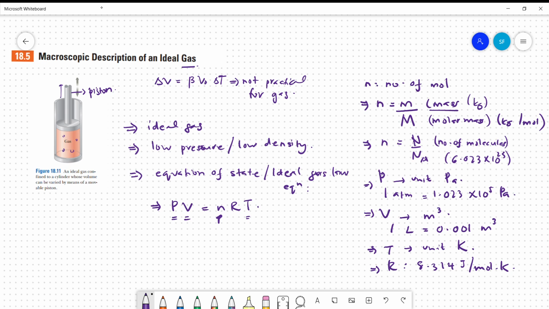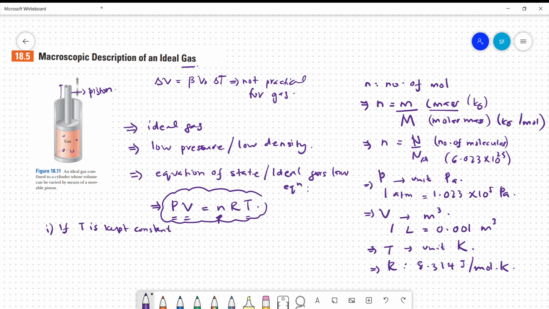Now, in the ideal gas law equation, sometimes one parameter is kept constant, so we look at cases. If T is kept constant, what happens to this equation?